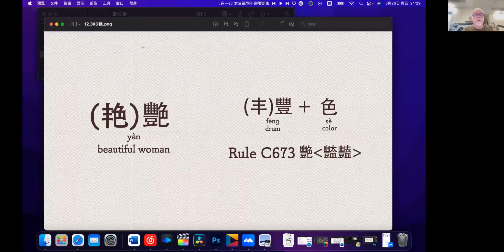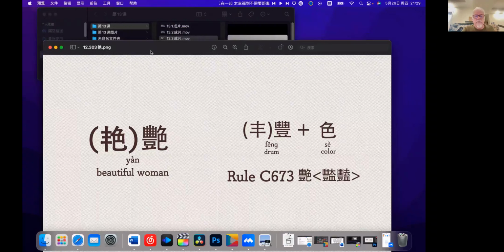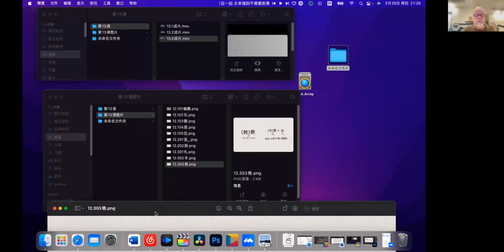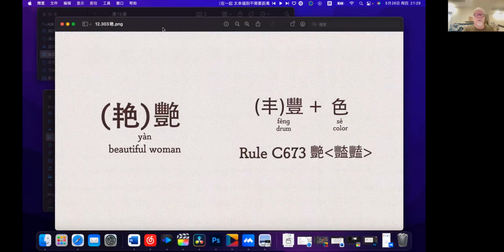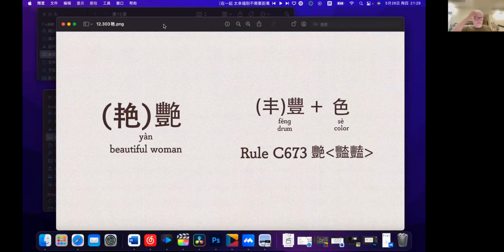Oh, wait a minute, there's a character I haven't covered, the he of heping. I haven't prepared that. There are a bunch of other characters that have to do with music, so let's talk about music and ritual in the remaining minutes.